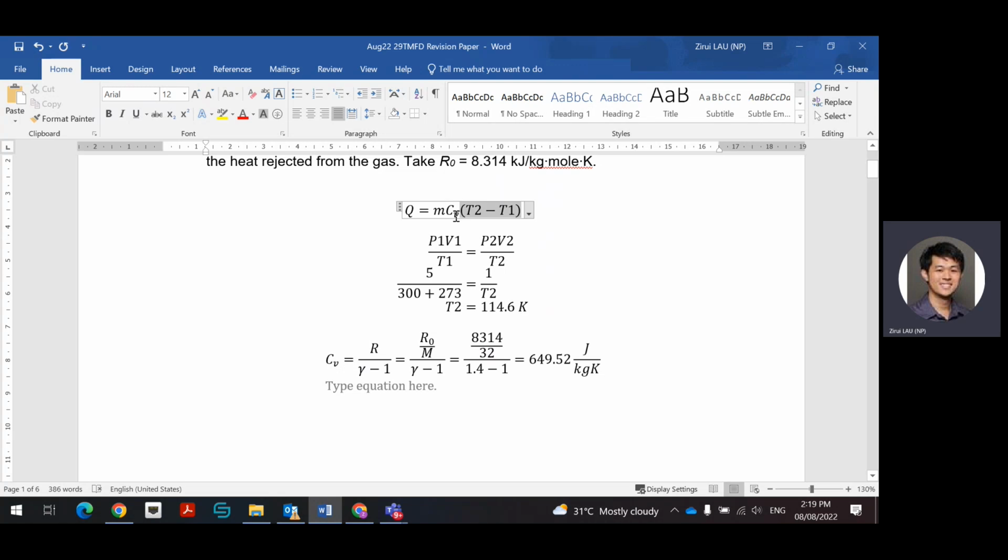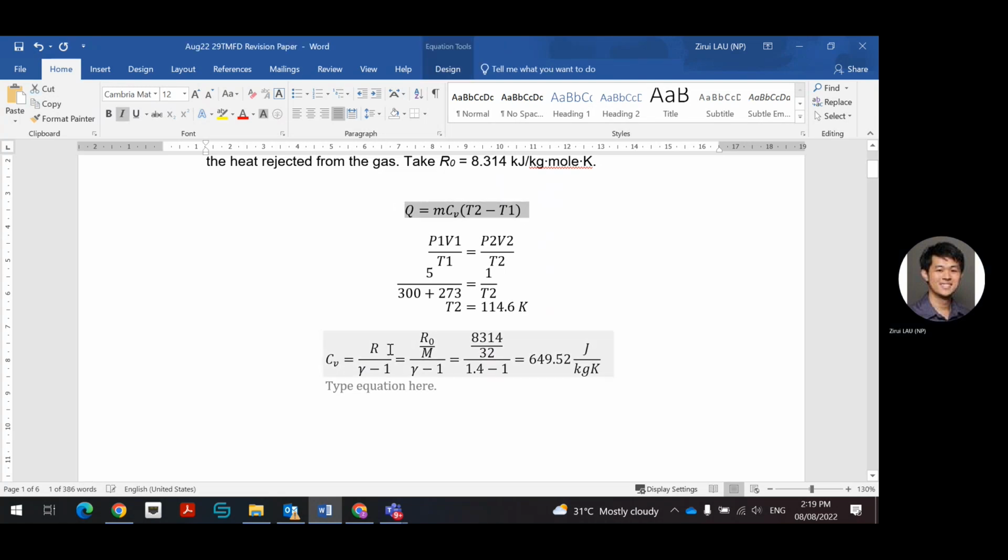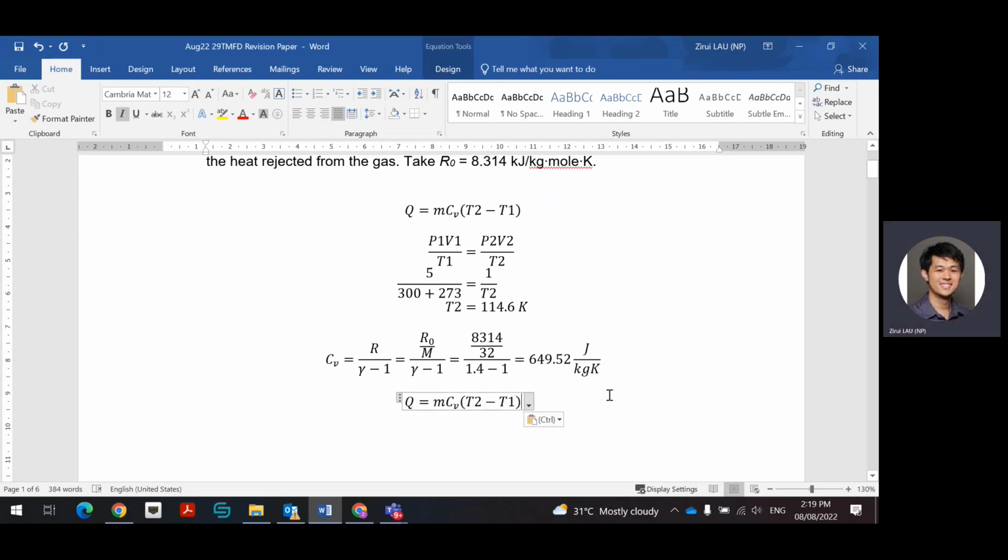So we will use our equation. Mass is 1 kg. Cv is 649.52. T2 is 114.6, minus away T1, which is 573.